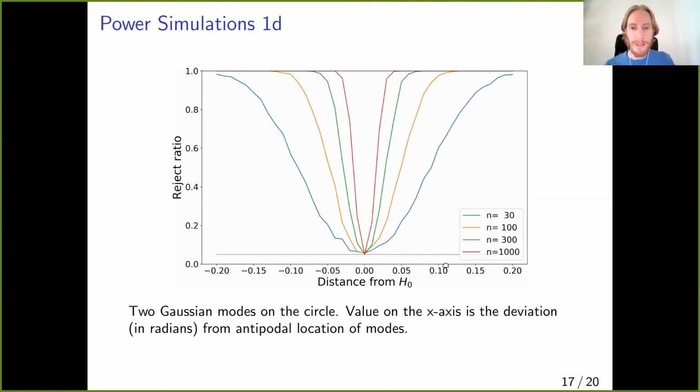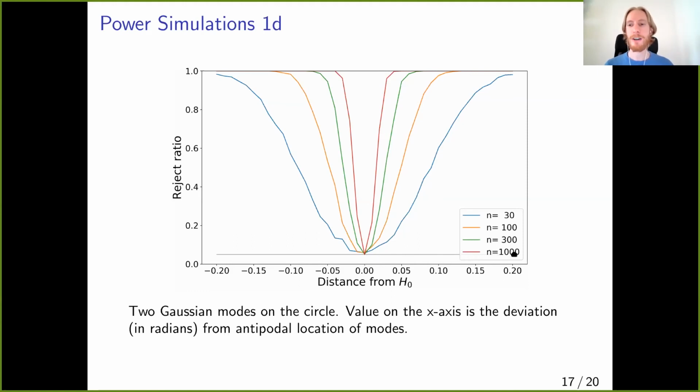And here on the x-axis is the distance in radians. And here the curves show the rejection ratios of the test. And ideally, if this distance is, well, not exactly 0, it should jump to 1, right?